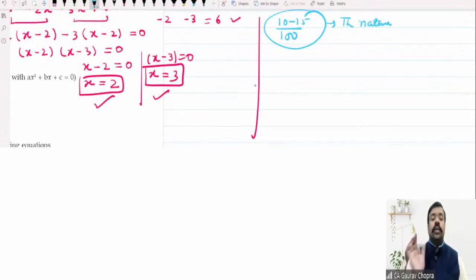It is not the fixed pattern given by ICAI, but it is the past trend which we have seen. Most of them belong to statistics.